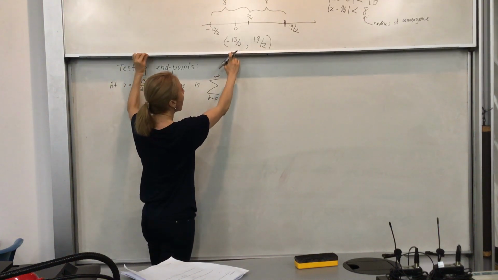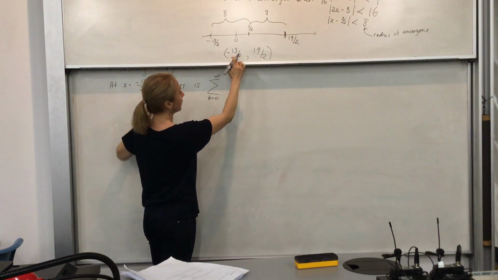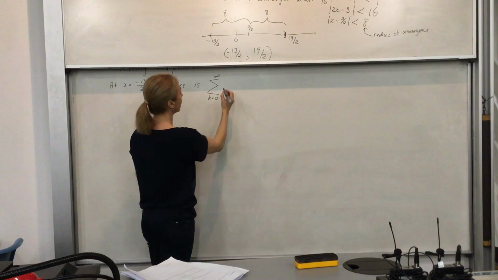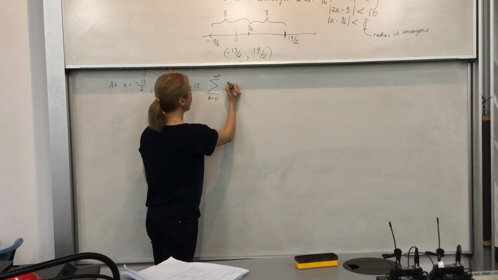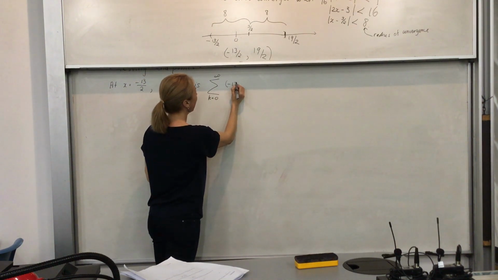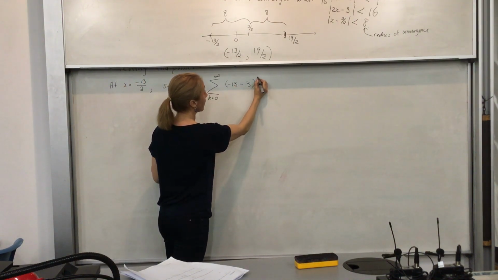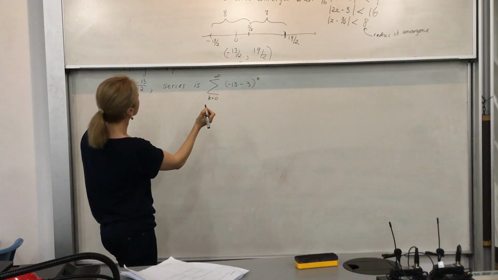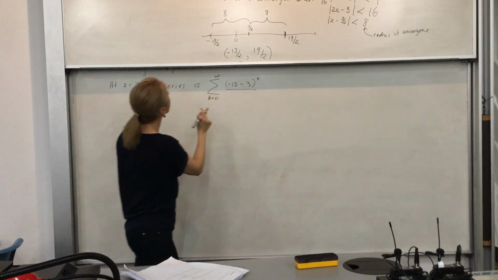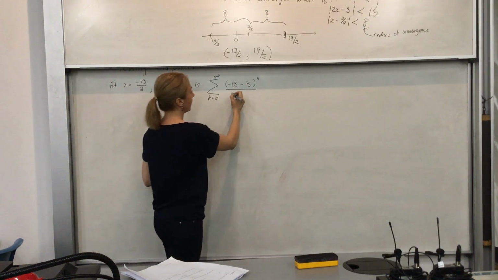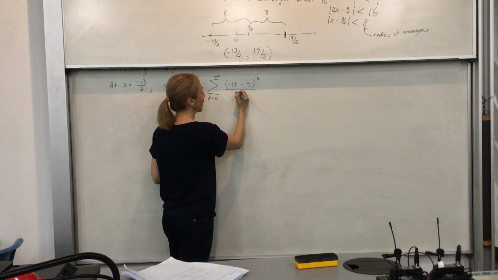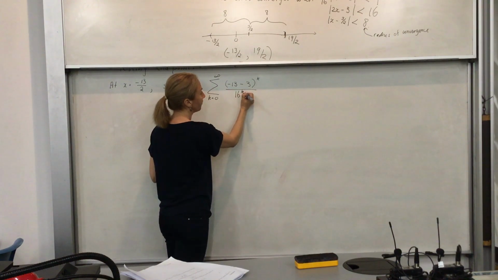So 2x, 2 times minus 13/2, is minus 13, minus 3, all to the k, over 4 to the 2k, so 4 to the 2k is actually 16 to the k.